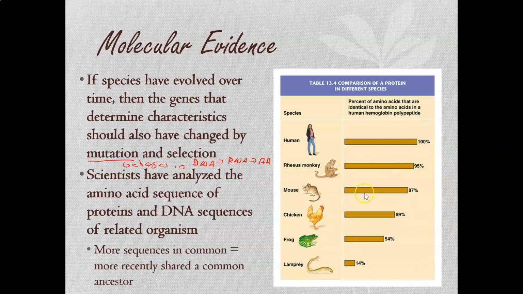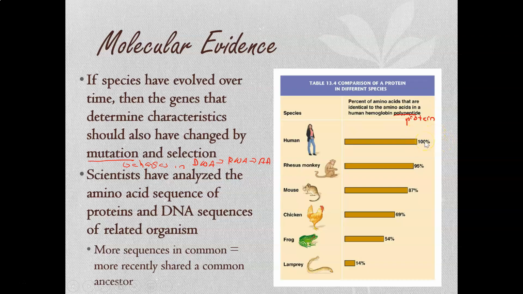So here is a bunch of different species. They all contain this hemoglobin protein, right? Remember, polypeptide is another word for protein, right? Okay. And so we're looking at the percentage of amino acids that they share in common. So if I'm comparing, and this one is a human hemoglobin, human to human, that should be 100%, right?